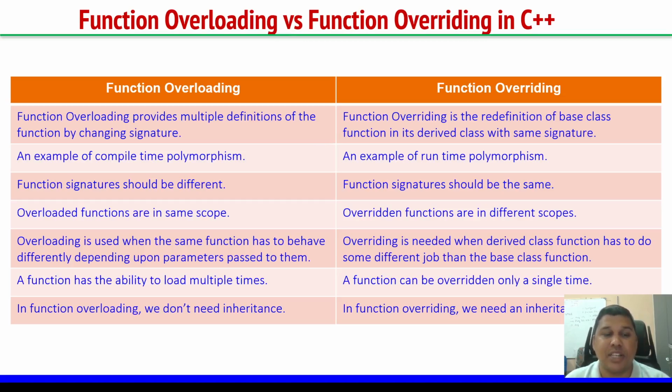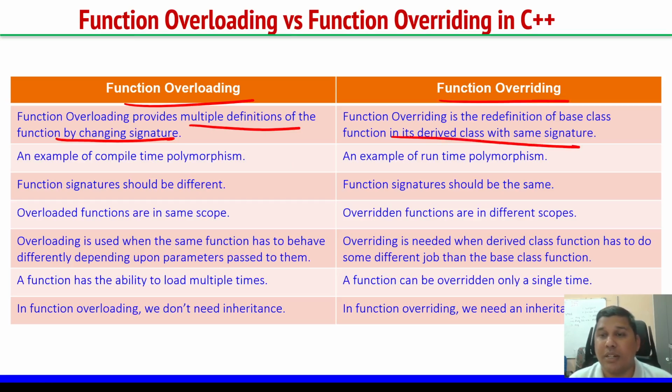There are some differences between overloading and overriding. Overloading is simple, it provides multiple definitions of a function by changing the signature. In overriding, you can have the same signature, but one is defined in the parent class and the other in the child class. Overloading is compile time and overriding is runtime polymorphism. Compile time, because during compilation I verify the overloading.